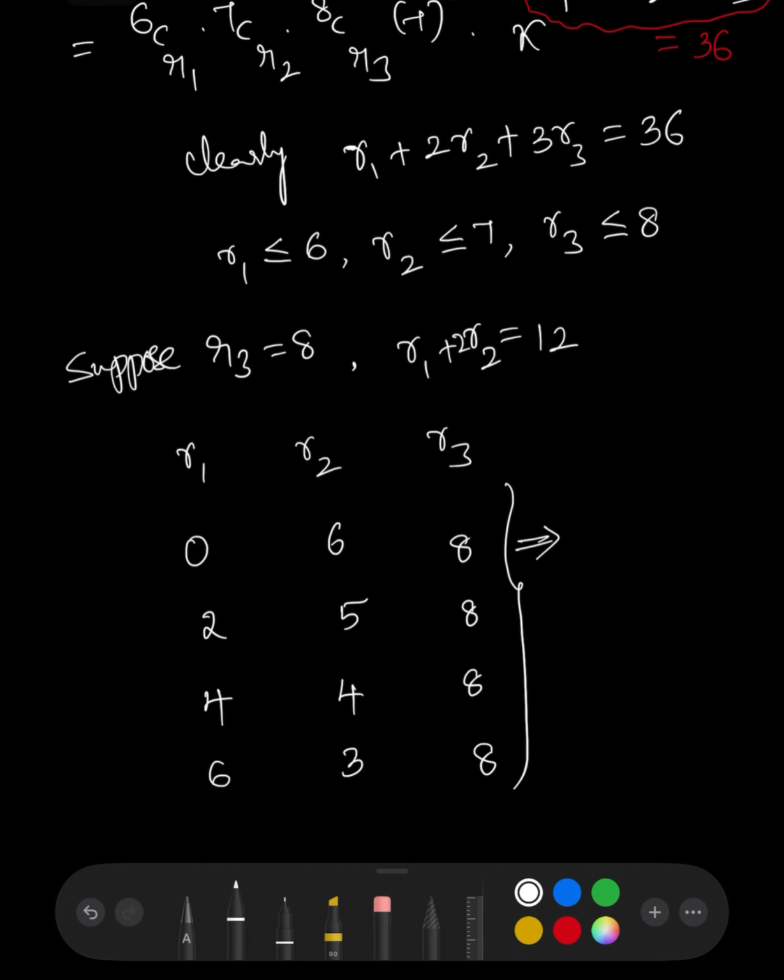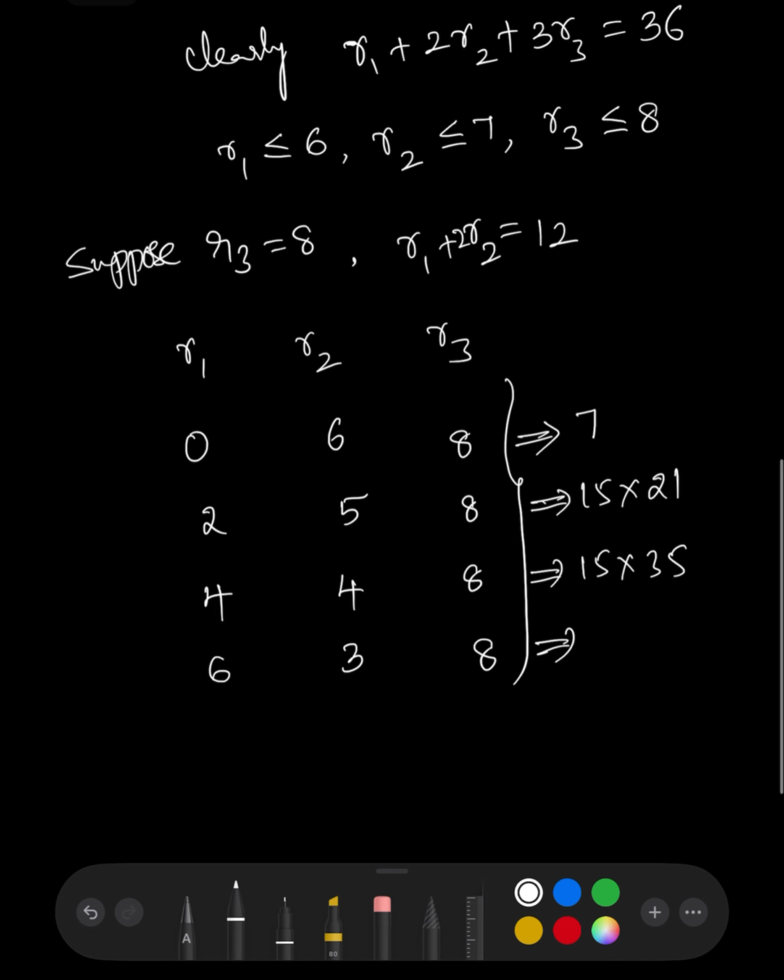The coefficients are 6C0, 7C6, 8C8: 6C0 is 1, 7C6 is 7 and 8C8 is 1. Next 6C2, 7C5, 8C8: 6C2 is 15, 7C5 is 7C2, which is 21, and 8C8 is 1. Then 6C4 is nothing but 6C2. The remaining you can do as it is.